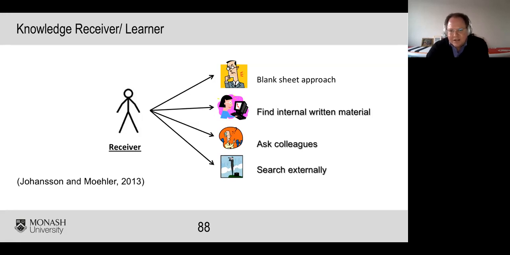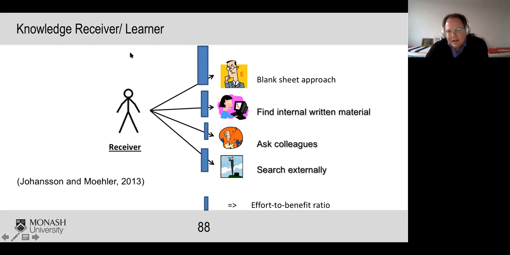Those are the traditional strategies, but they come with an effort to benefit ratio. And that is something I want you to take away. When we design a knowledge strategy, that is what you're fighting: the effort to benefit ratio. And in Volvo, by the way, this is a rough estimate, the preferred strategy in Volvo and in Sweden in general was, surprisingly, ask a colleague, closely followed by finding internal written material or Googling.